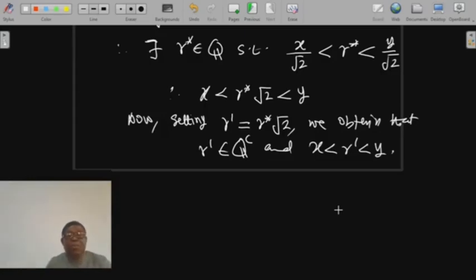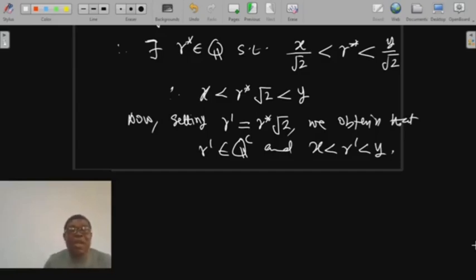This therefore means that, from the explanation I made using the concept of an ecosystem and the species in a habitat, we see that the set of rational numbers is dense in R. We've seen that the set of rational numbers is dense in R, and also the set of irrational numbers is dense in R. But importantly, the set of rational numbers is dense in R. Why I say importantly is because you recall that in one of our previous lectures, we were able to show that the set of rational numbers is countable.